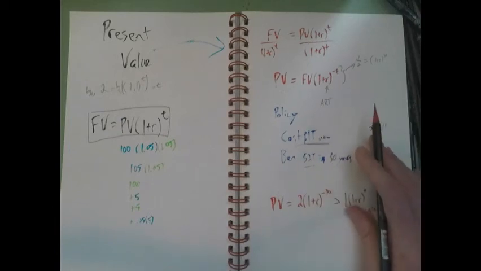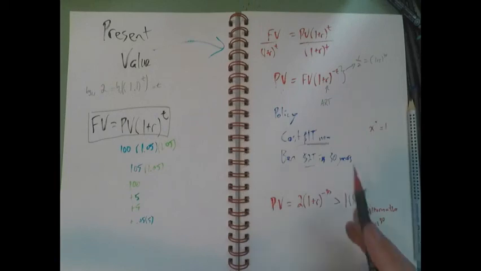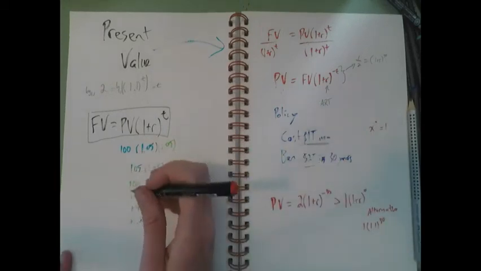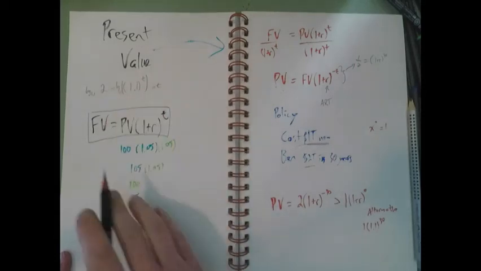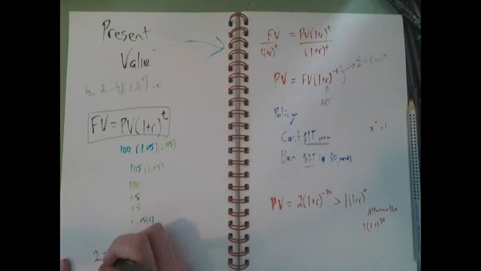So let's go ahead and actually set that up. So we're saying future value equals twice that. So if we say, oh, we're doing logs there already. So we're saying 2 equals 1 times 1 plus r to the power of 30.